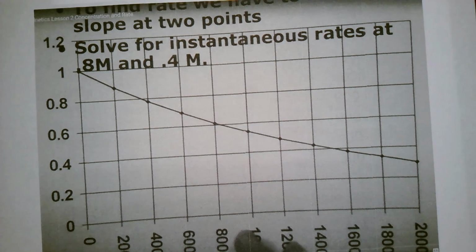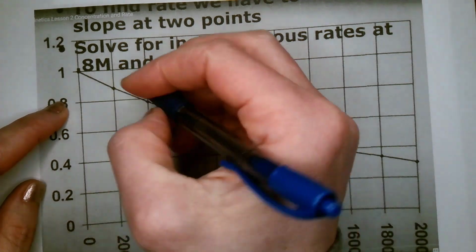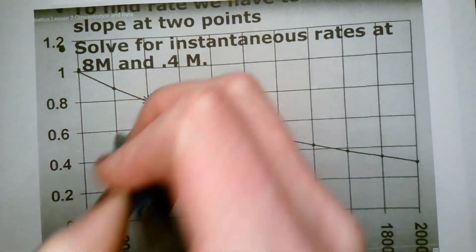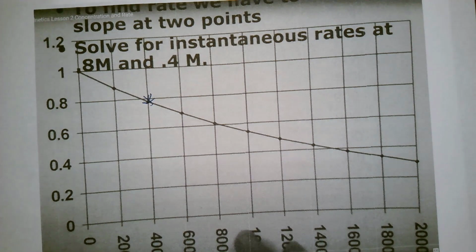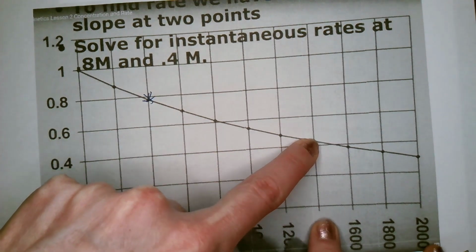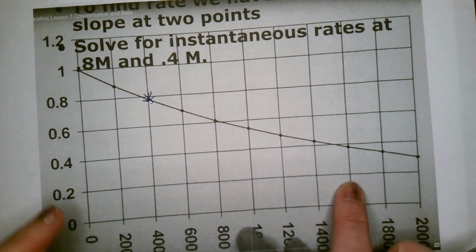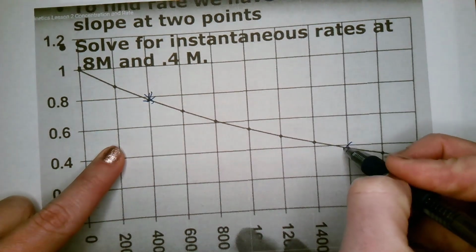So the first one I noticed is an intersection here at about 0.8 and 400. Now, if we cut that concentration in half to 0.4, that's going to be at about 0.4, about 1600.